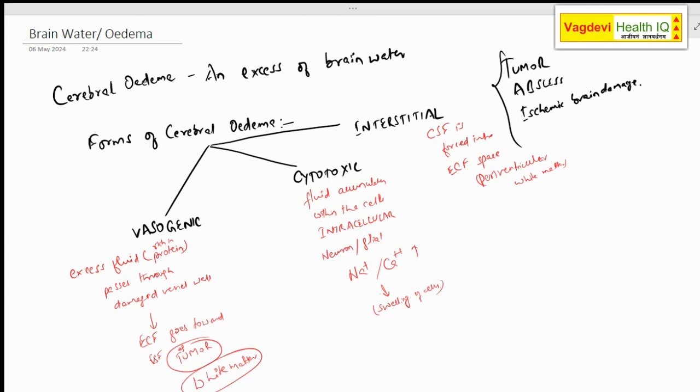So capillary damage, obviously, will happen. After capillary damage, it will cause what? Capillary means the vessel damage. Now once the capillary is damaged, again it can go for vasogenic. Why? Vasogenic is all because of the flow of protein-rich excess fluid which passes through the damaged vessel wall.